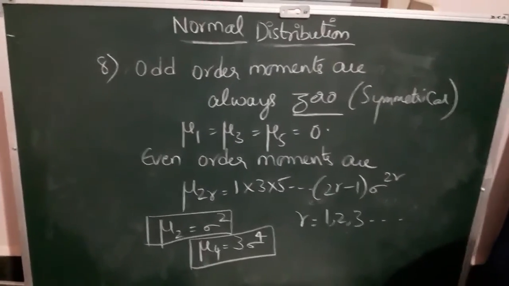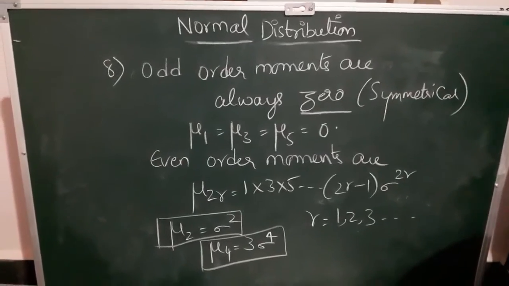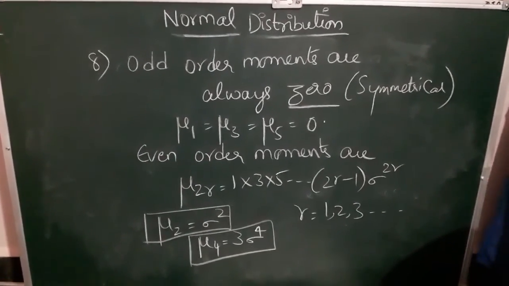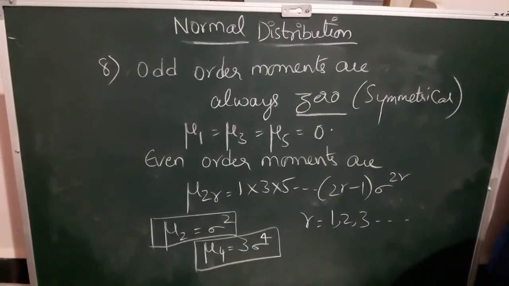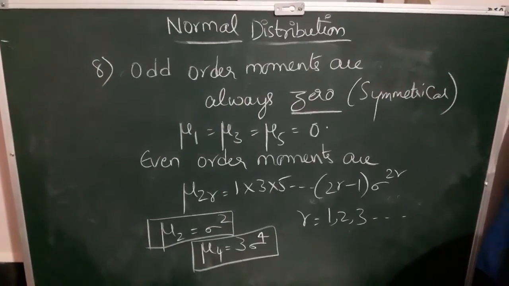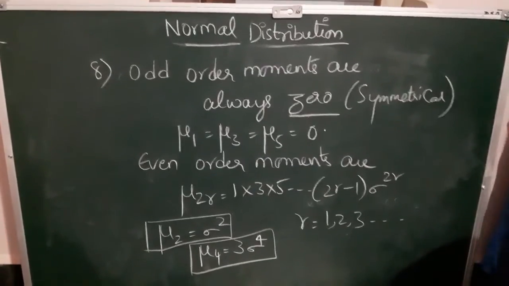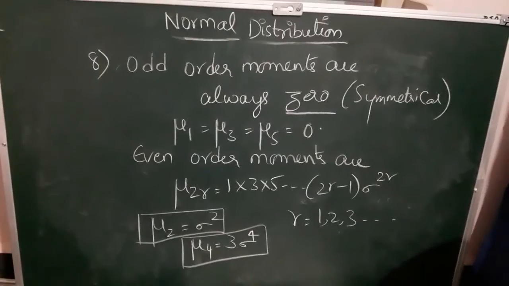Just go on substituting 1, 2, 3 in place of r. Next, mu 6 becomes 5 into sigma power 6, right? Variance, 3 into sigma power 4, 5 into sigma power 6, 7 into sigma power 8. So these are the even order moments.